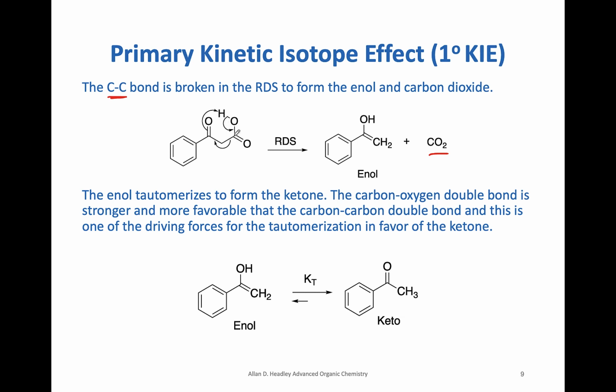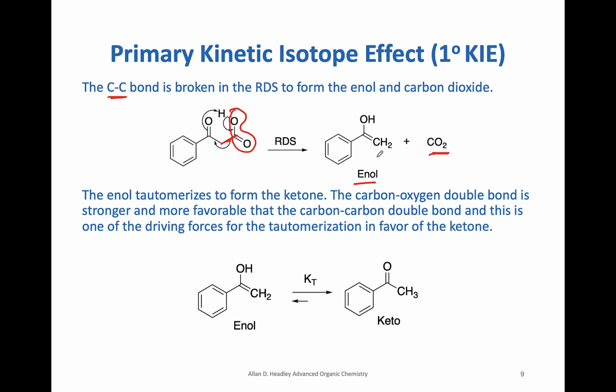It's concerted. So this bond is broken here. It picks up a hydrogen here, and here's our carbon dioxide. Let me just highlight it. Right here is our carbon dioxide, and this bond is broken to give this enol.